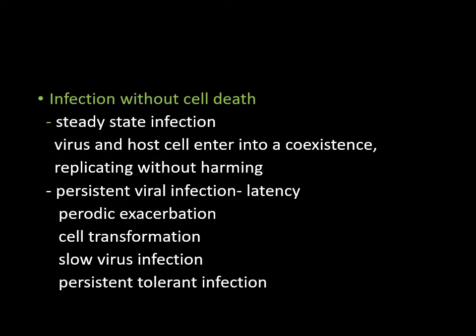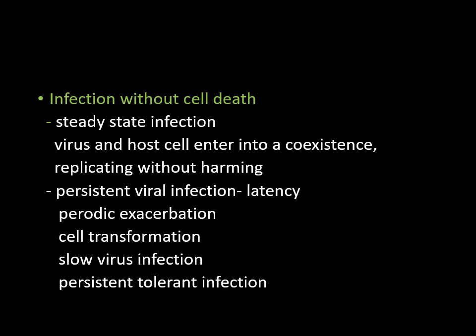It is most commonly seen in the herpes family, where the virus remains in the ganglions, and when the immunity of the person is going down due to any reason, at that time periodic exacerbation occurs. That means the virus starts replicating and also starts manifesting. Then another form can be cell transformation.